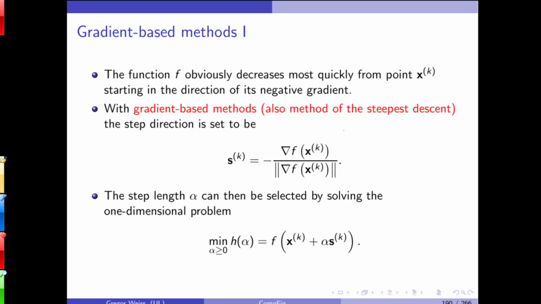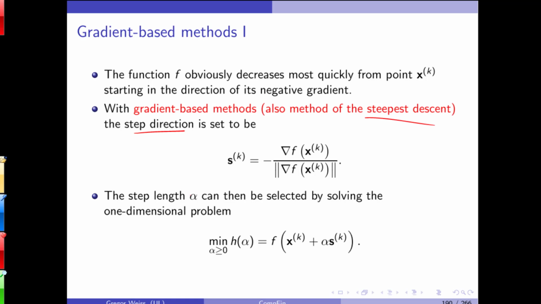With a gradient-based method, also called the method of steepest descent, you set the step direction by taking minus the gradient divided by the norm of the gradient. The step length, alpha, can be computed by solving a one-dimensional problem.